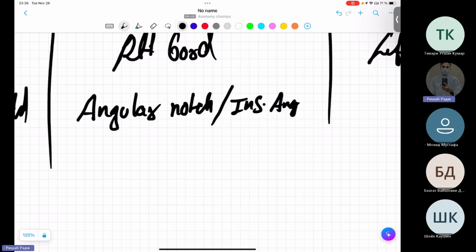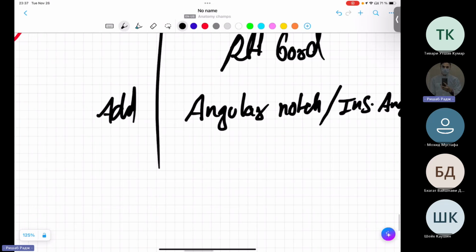So the angular notch will be there. Besides, what else will be there? On the greater curvature, you won't have any additional features. Is this clear to you?